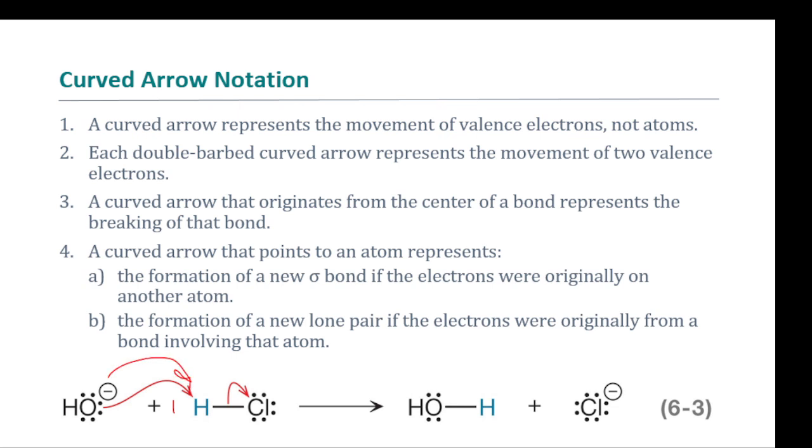We're forming a new bond to that hydrogen right there. The formation of a new lone pair of electrons can also be represented, which is this one right here, where we're moving the electrons from the bond onto the chlorine alone. And so that ends up with a new lone pair of electrons. If we want to represent one electron being moved, what would we do? One barb. You got it.